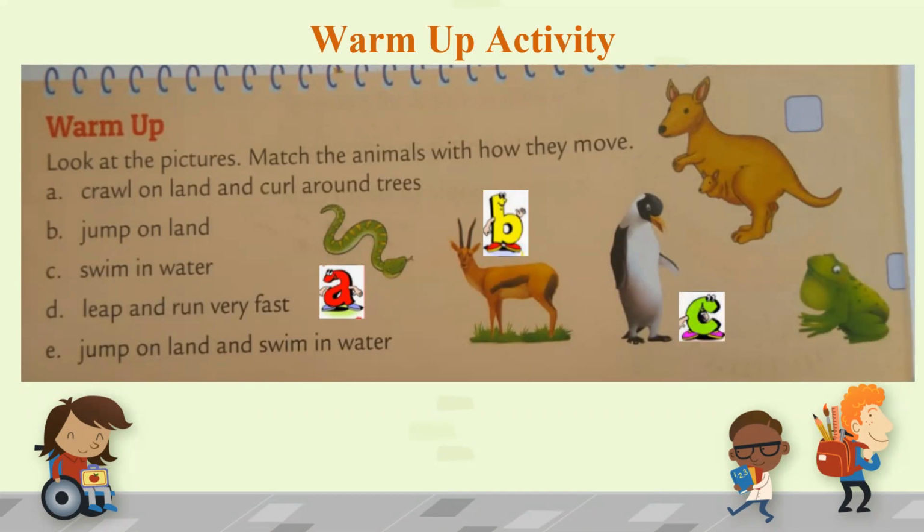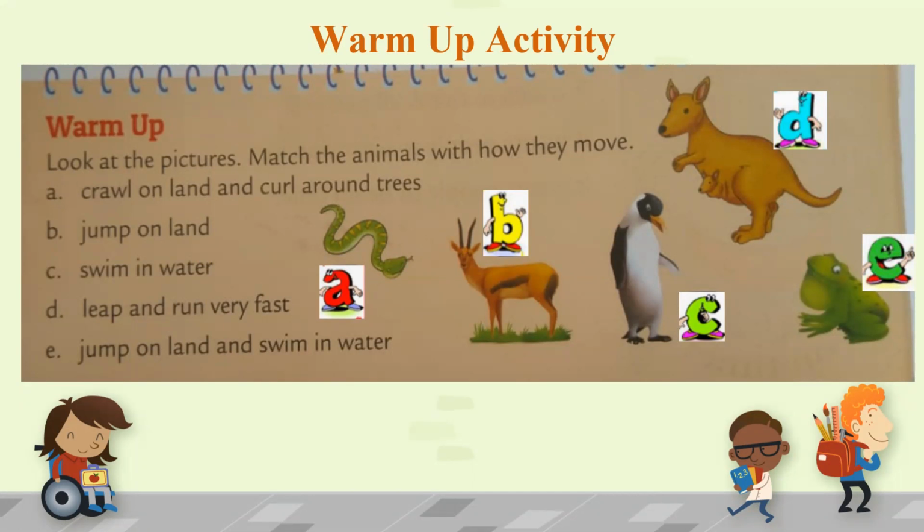Leap and run faster. Who leaps and runs very fast? Superb. Kangaroo. And jump on land and swim in water? It's none other than the frog. Wonderful, my dear little ones. Great job.